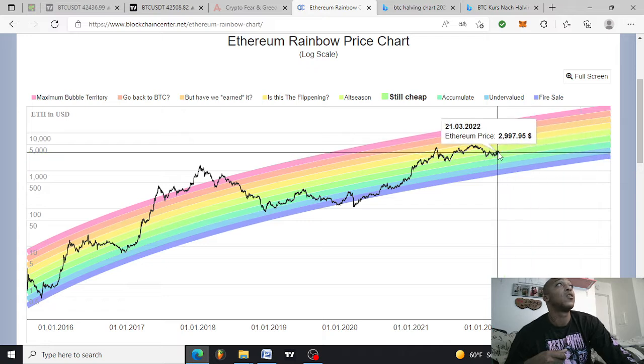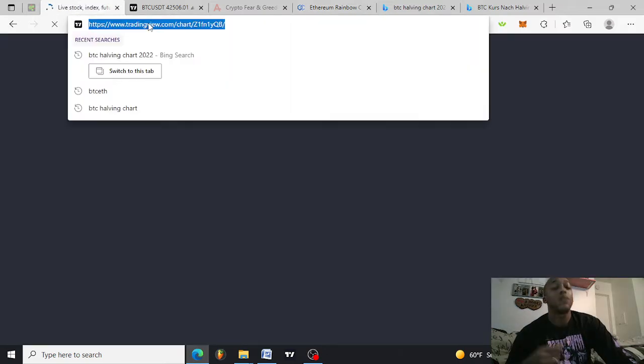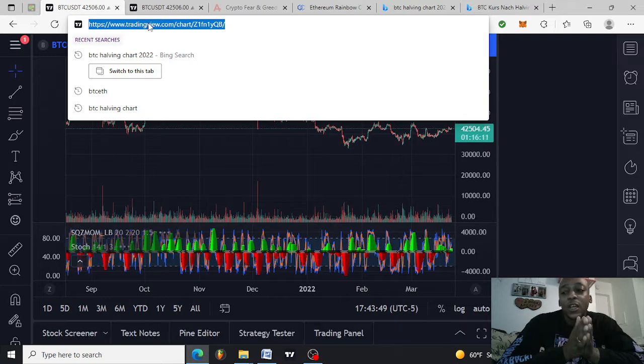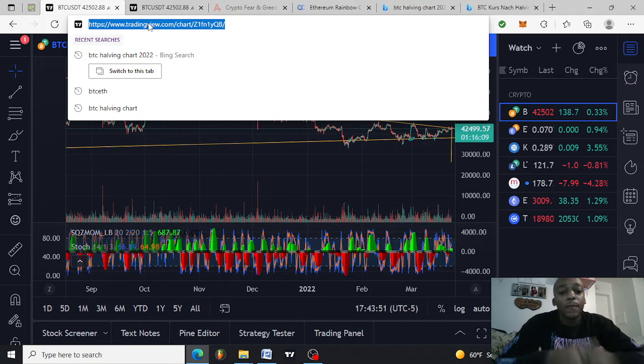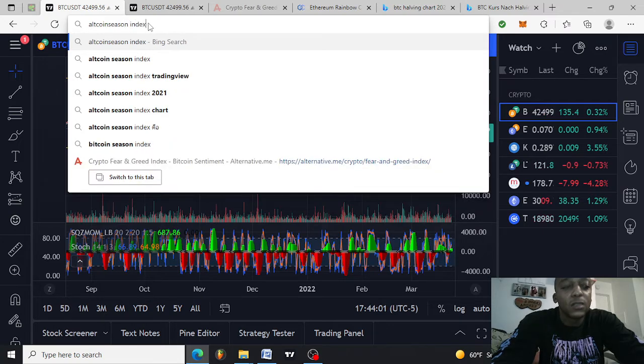Okay? So when it touches this light green area, it's altcoin season. And that's when altcoins like your Dogecoin and your Shiba Inu start to shoot up. Let me see the altcoin season index.